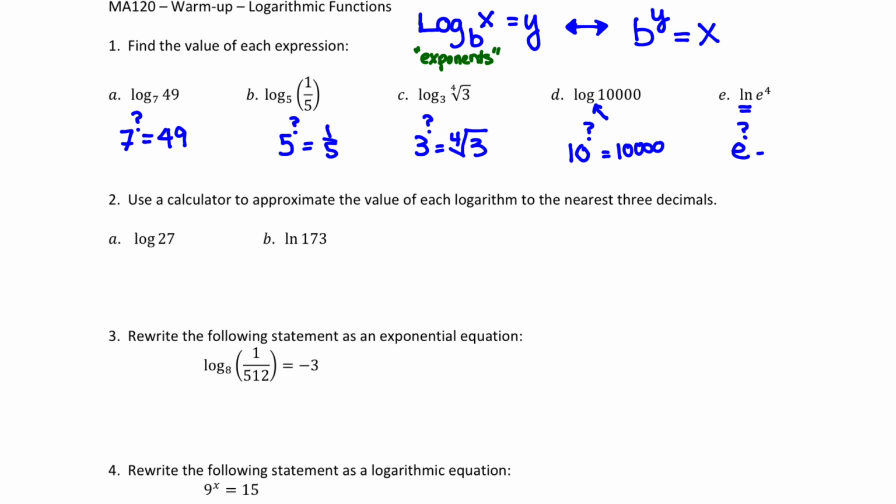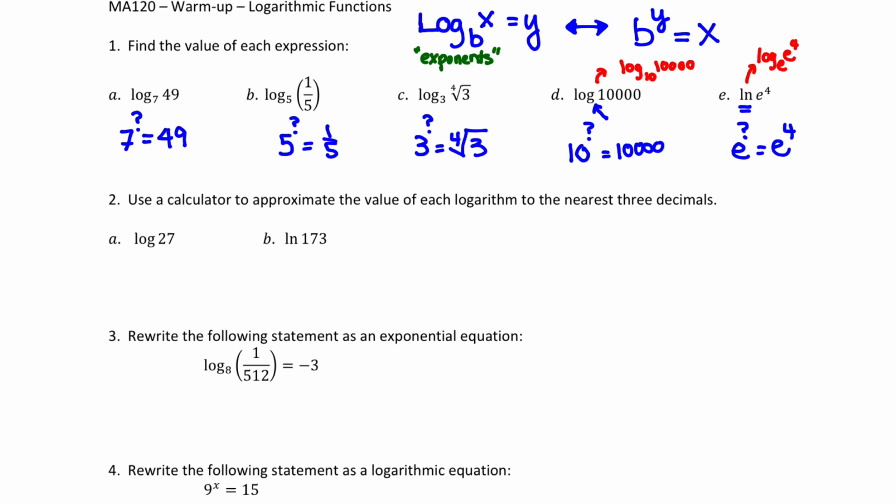So when you see ln, the natural log, that's written as log base e, and log is log base 10. Those are the two most commonly used logarithms, which is why they appear on scientific calculators. Log base e, because e is that natural number that occurs in nature all the time, and 10, because 10 is our decimal system, what we're based on.